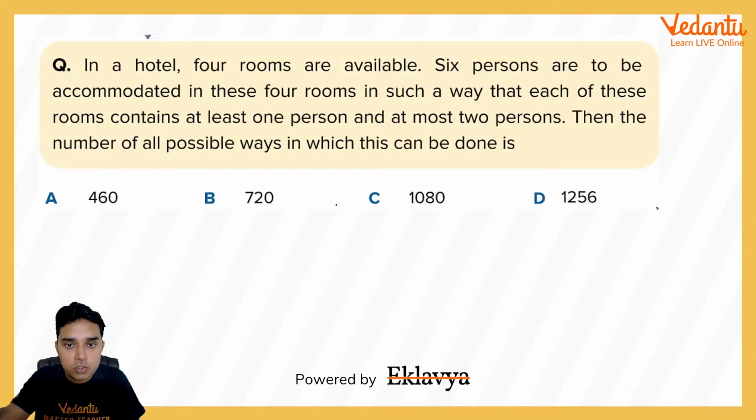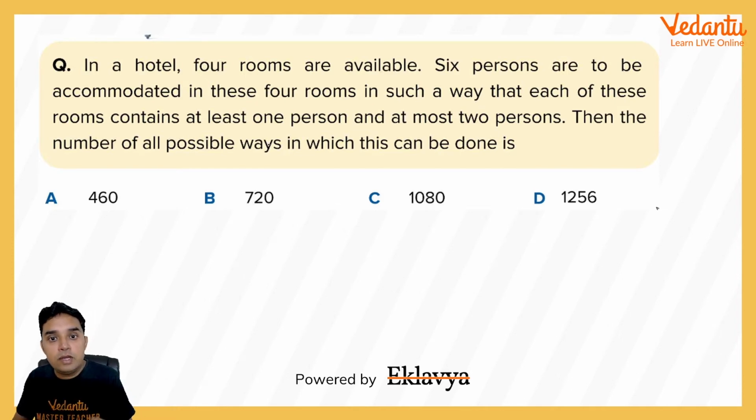Now coming to the next question, and let me tell you, this question is from previous year JEE Advanced. I think 2020 this was asked. You are given that in a hotel 4 rooms are available and 6 persons are to be accommodated in these 4 rooms in such a way that each of these rooms contains at least 1 person and at most 2 persons.